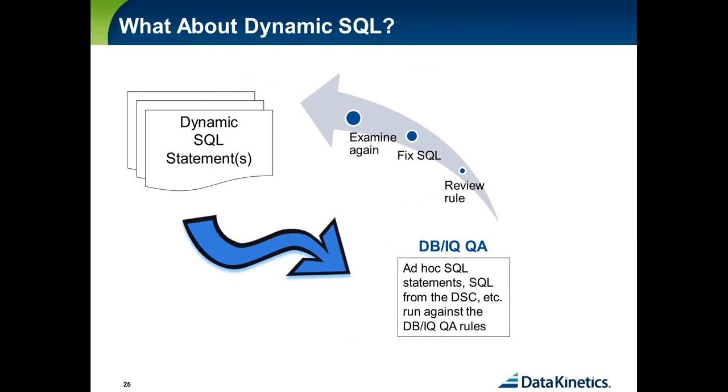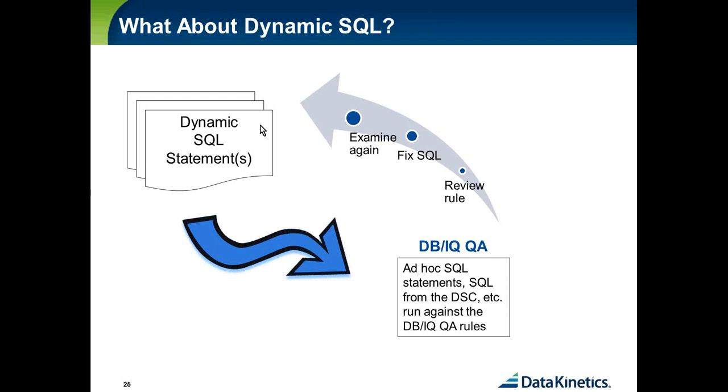What about dynamic? Well, with dynamic, you're not going through that bind process, so sometimes dynamic SQL is going to get into the production environment. Now, if possible, you can collect the SQL statements that are being built by your dynamic applications before they go to production and feed them into QA, and then it can apply the rules to them.